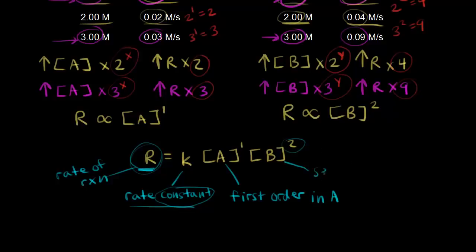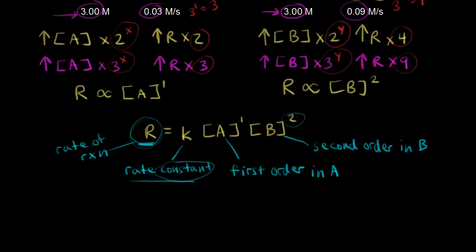So this is second order in B. And we can also talk about the overall order of our reaction. For first order in A and second order in B, the overall order would be 1 plus 2, which is equal to 3. So the overall order of our reaction is 3.